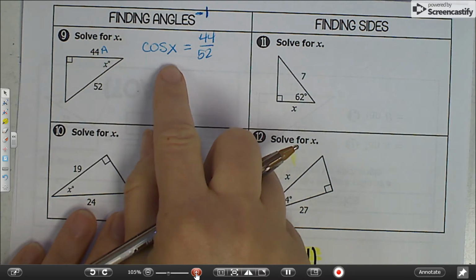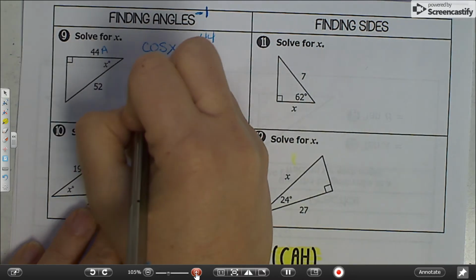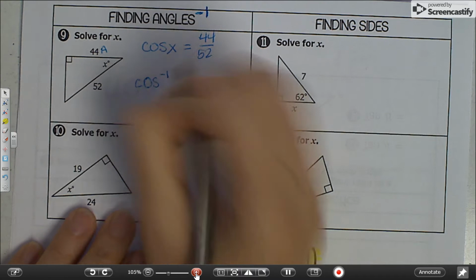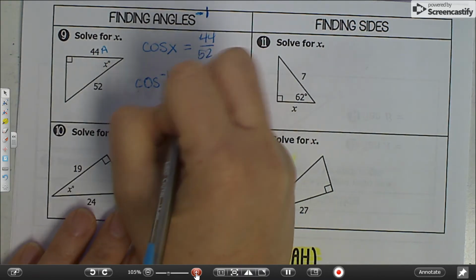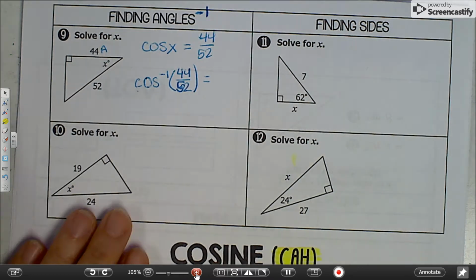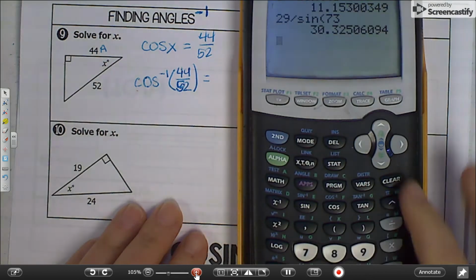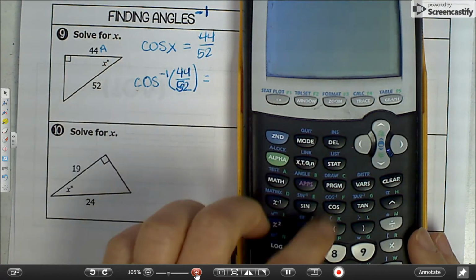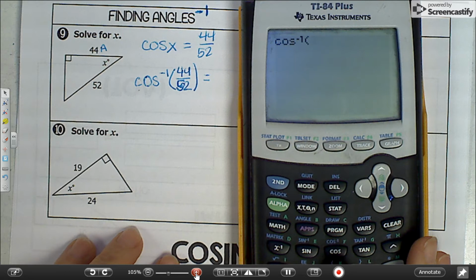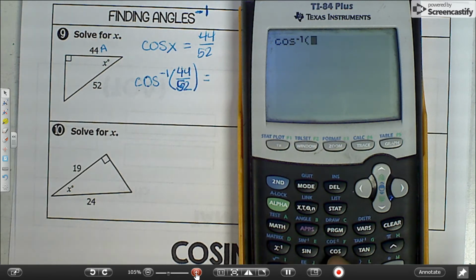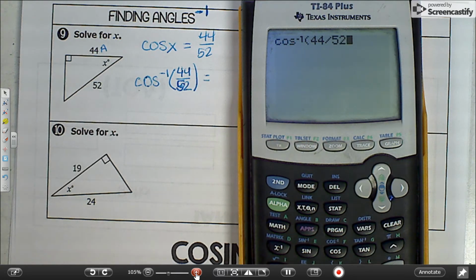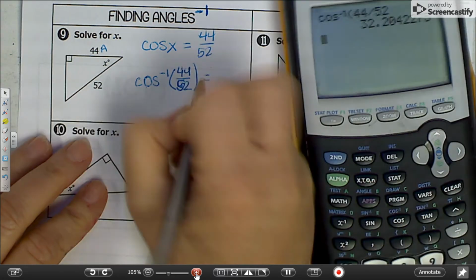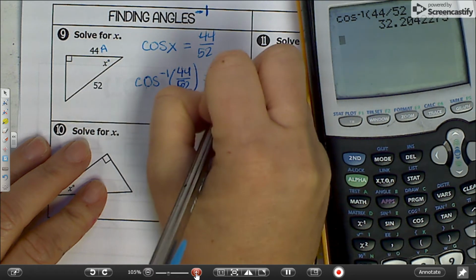Because our variable is the angle, we're going to switch to the inverse, and we're going to move the ratio fraction over there. And then in the calculator, we're going to press second cosine now, because COS stands for cosine, and type in 44 over 52. So that angle is 32.2 degrees.